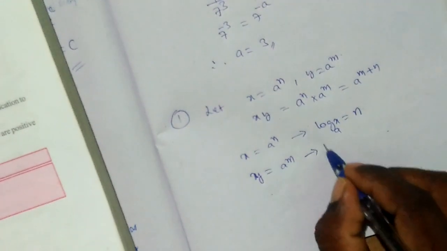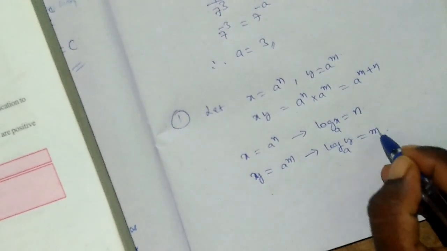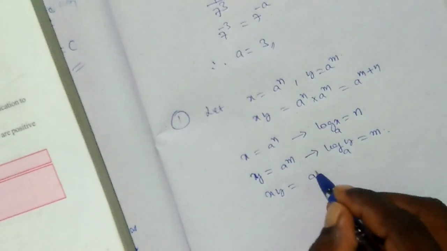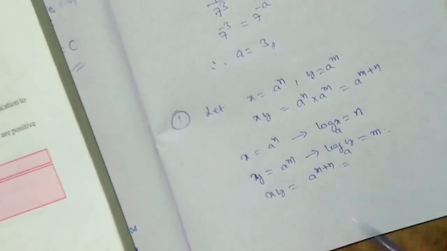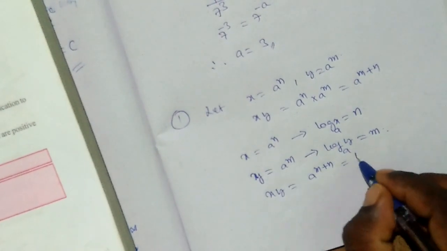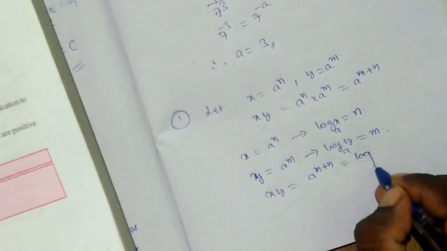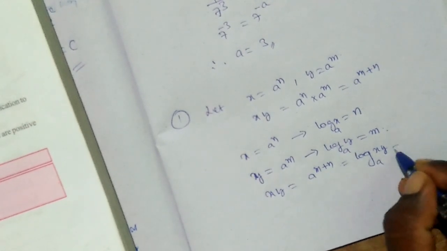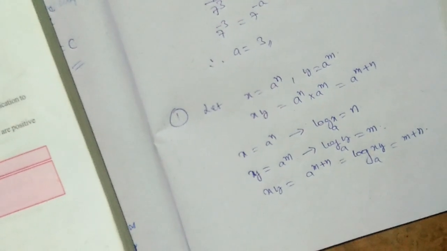Yes, you are correct. Log y base a is equal to m. So xy is equal to a to the power of m plus n. What is the logarithm form of this one? Log xy base a is equal to m plus n.